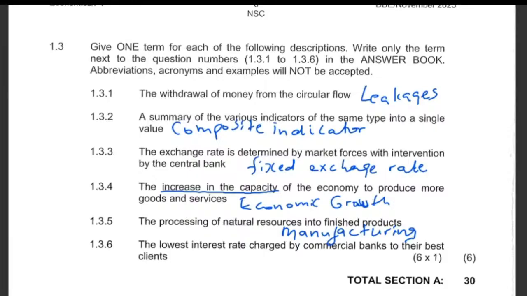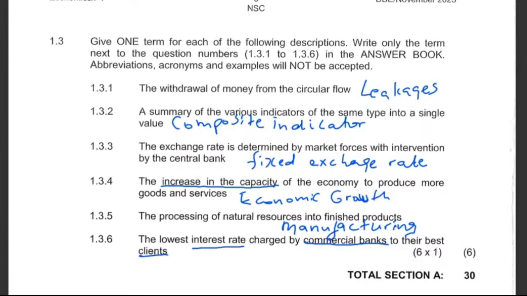1.3.6 reads as follows. The lowest interest rate charged by commercial banks to their best clients. So if you still remember grade 12, we have different sets of interest rates. We have the repo rate, which is the interest rate that the South African Reserve Bank or the central bank charges commercial banks whenever they take a loan from them.